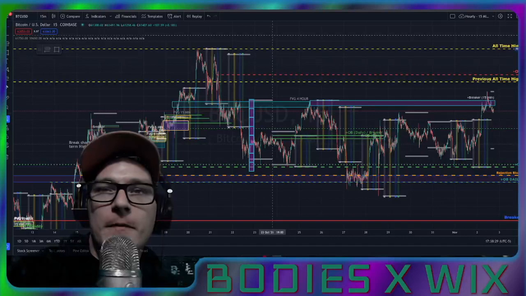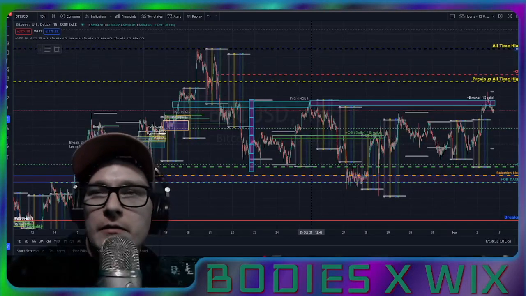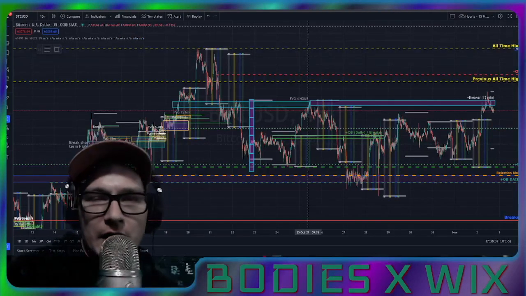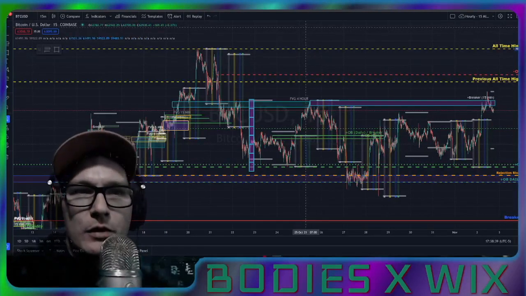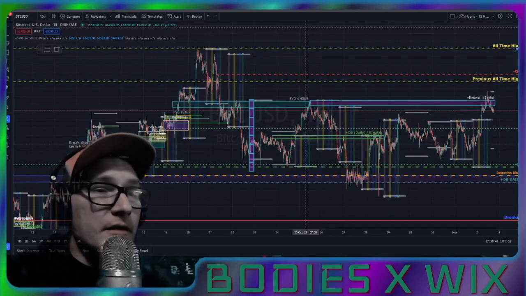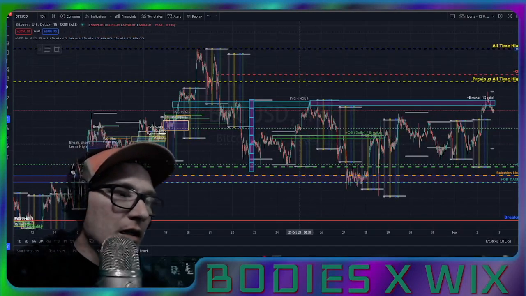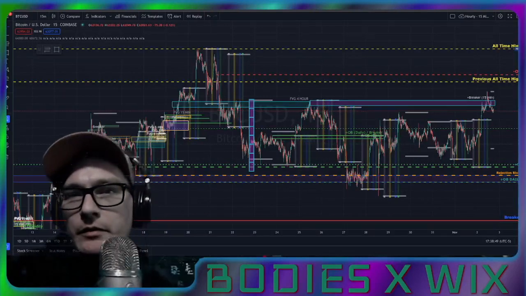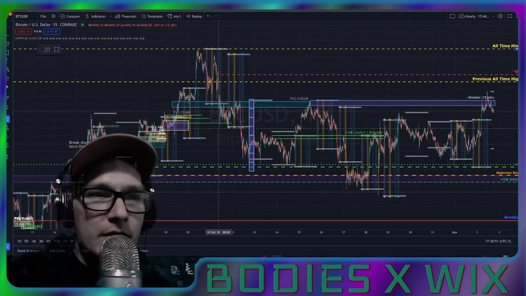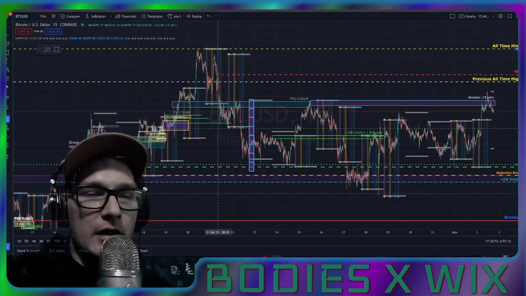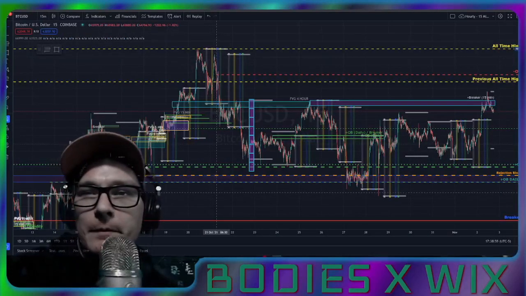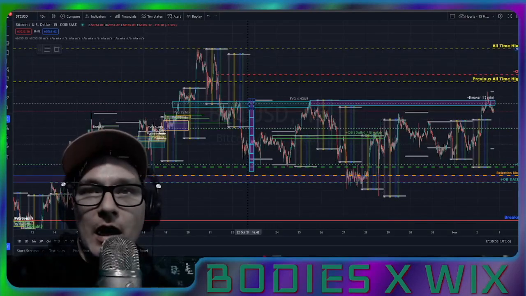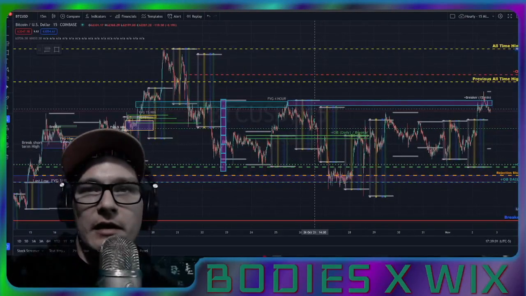However, I don't think he's really designated a kill zone for crypto, but somebody has. Somebody in the Tradingview world that knows how to create the indicators has created an indicator for these kill zones. Now, I am not for sure how entirely accurate they are.